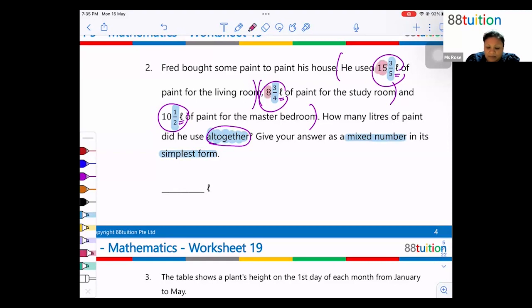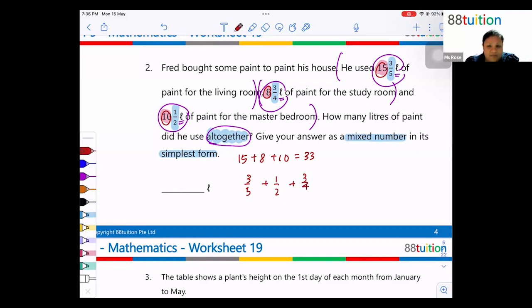15 plus 8 plus 10 will give me 33. Now I add the fractions, no, can't use a calculator for this one, Evan. So we have 3 out of 5 plus a half and 3 over 4.